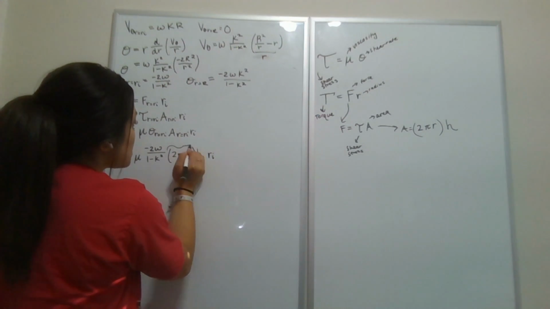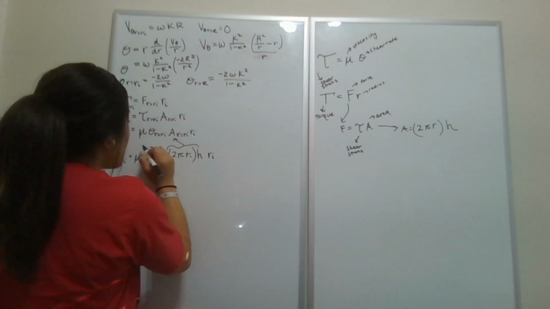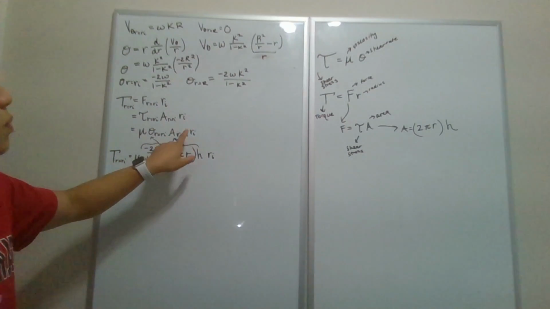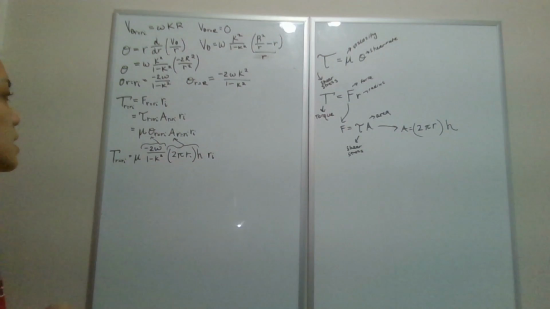So this belongs to the area, this belongs to the shear rate, and then we just move the inner radius down and the viscosity down.